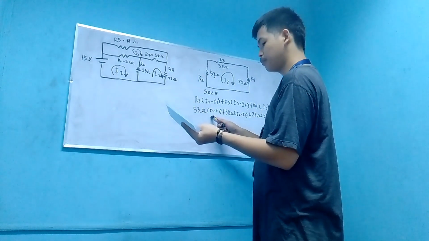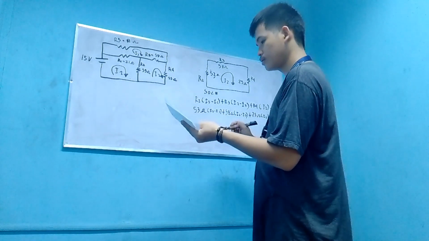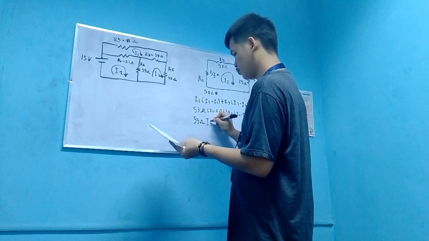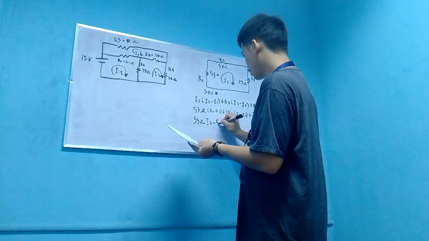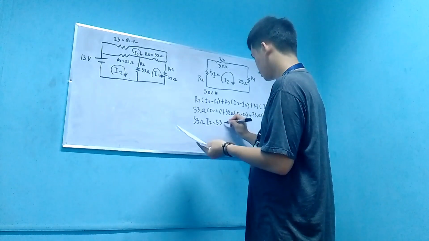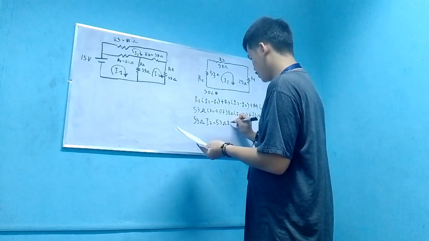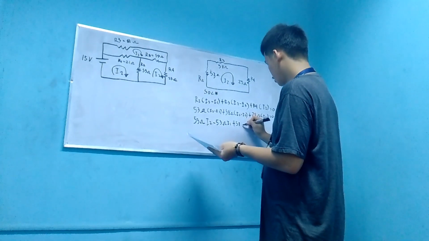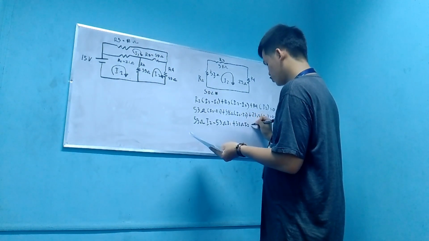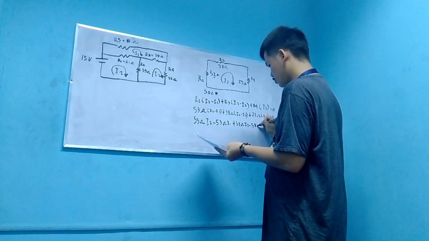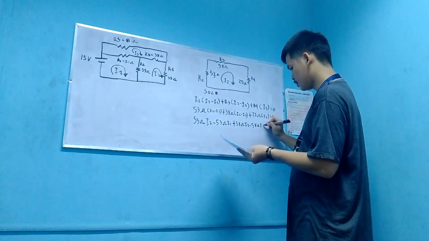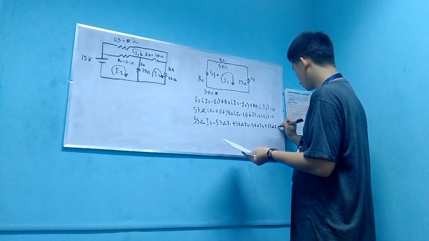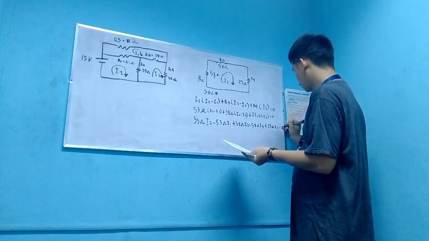Then substitute the value for the close and open parenthesis. So 53 ohms I2 minus 53 ohms I1 plus 58 ohms I2 minus 58 ohms I3 plus 25 ohms I2 equals to 0.